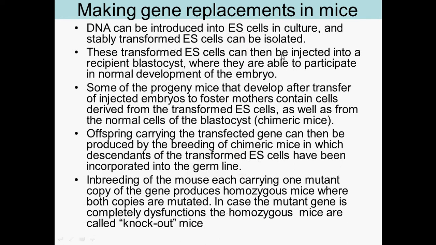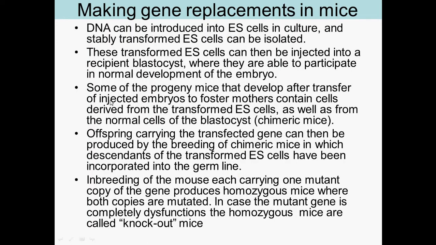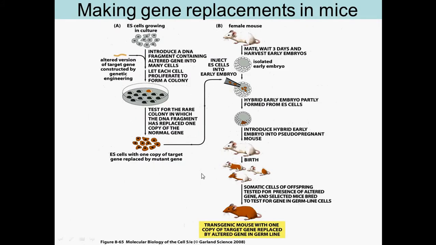These transformed cells can be injected into recipient blastocysts, where they are able to participate in normal development into the embryo. Put the cells into the blastocysts. Some of the progeny mice that develop after transfer of injected embryos to foster mothers contain cells derived as well as the normal cells.